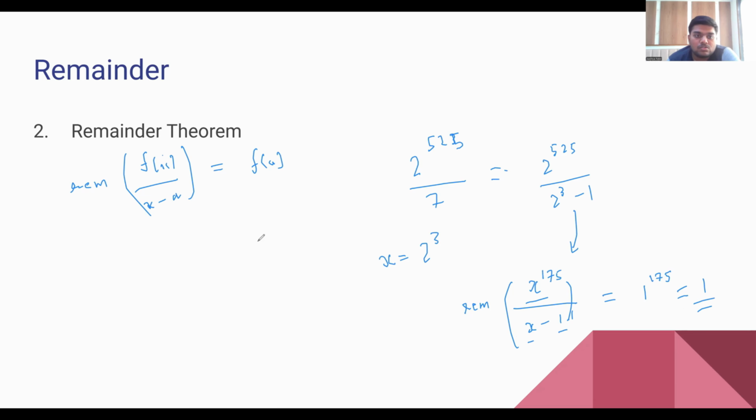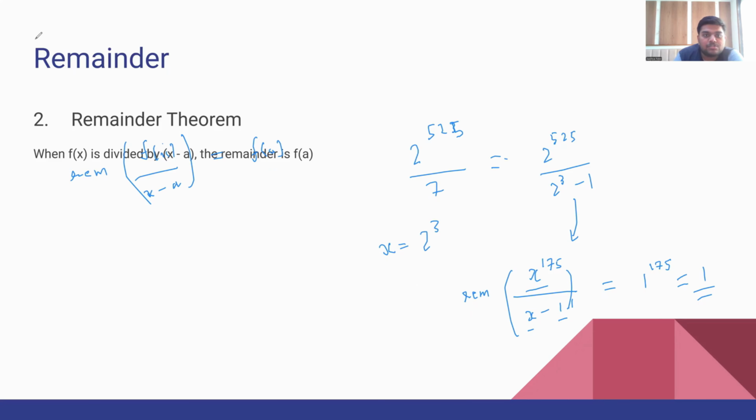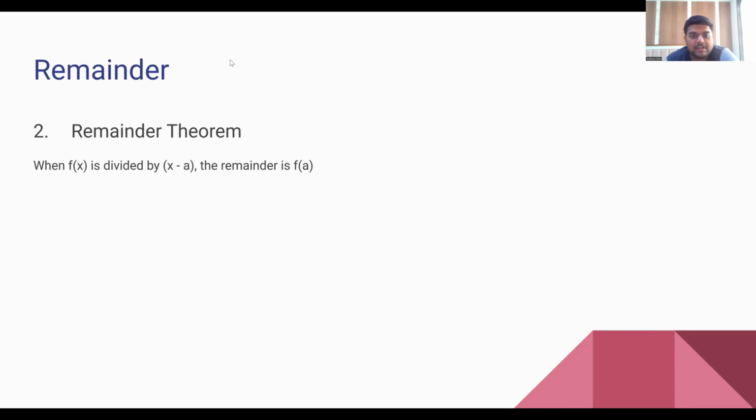Okay. So this is how you can do the finding of the remainder using the remainder theorem. And yes, the statement also says that when f of x is divided by x minus a, the remainder is f of a. So this is how you can use this method for solving some questions.